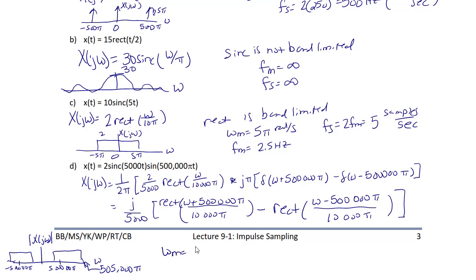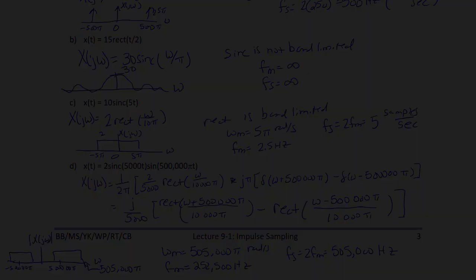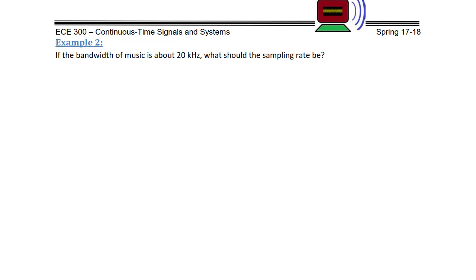So omega m would be 505,000 pi. F sub m would be equal to 252,500 hertz. Remember, omega m is in radians per second. So Fs, which would be equal to 2 times Fm, is 505,000 hertz.